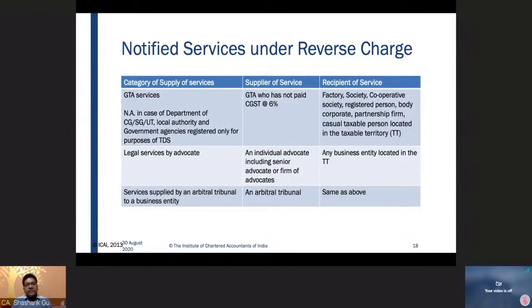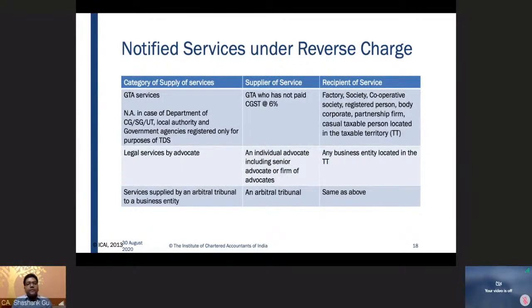In such cases, if the recipient of such GTA service is either of these, that is a factory, society, cooperative society, registered person, body corporate, partnership firm, casual taxable person, then if the recipient is covered under either of these categories, such recipient will be liable to pay the applicable GST under reverse charge.